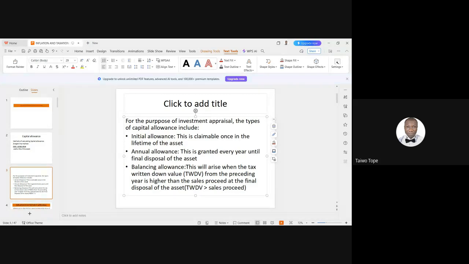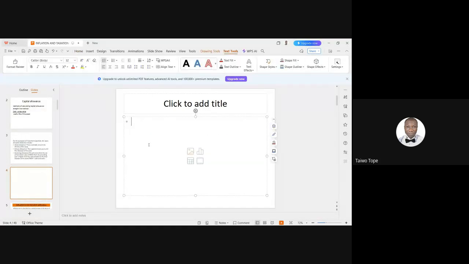So let's look at the issue of balancing charge. When we talk about balancing charge, it should be the reverse of balancing allowance.